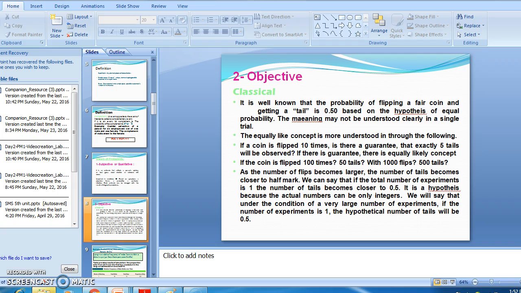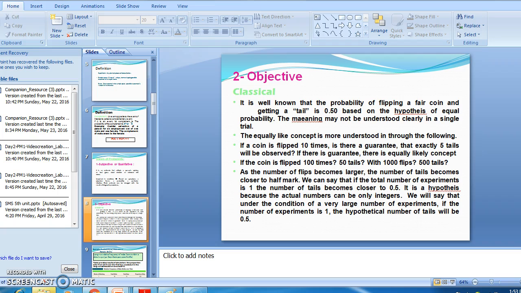If the coin is flipped 10 times, is there a guarantee that exactly 5 tails will be observed? If there is a guarantee, there is the equally likely concept. If the coin is flipped 100 times, are there going to be 50 tails?